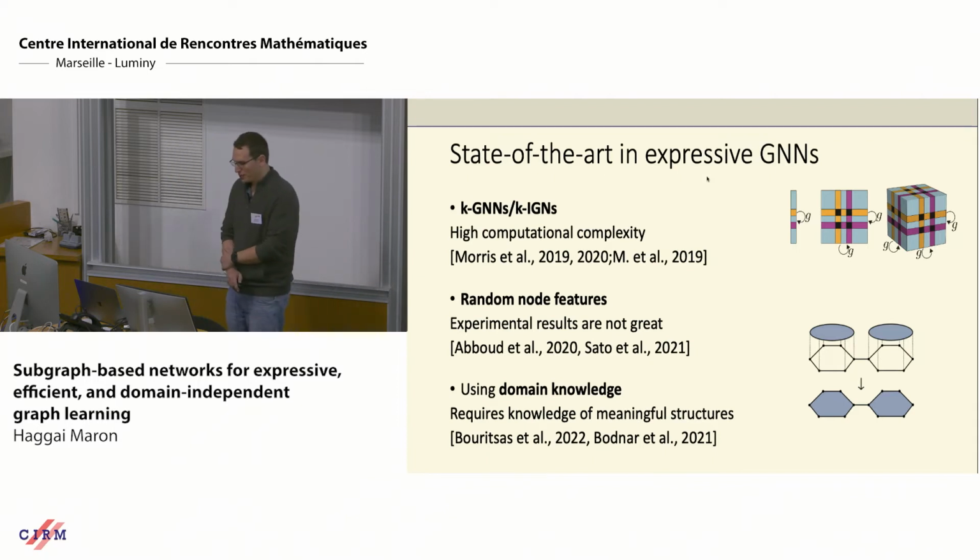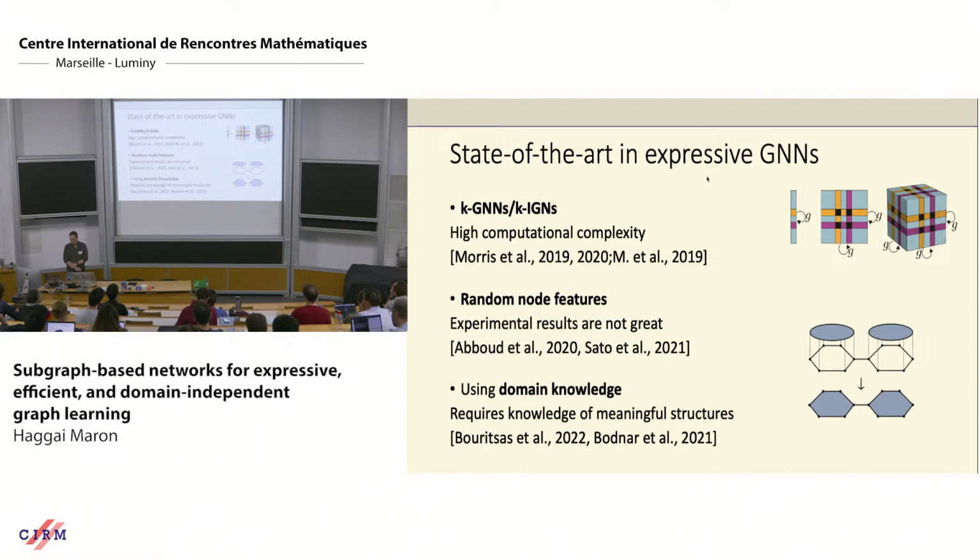So the first approach is called k-GNNs or k-IGNs. In general, that means that we have neural networks that are capable of implementing the k-WL test. And they have provably more expressive power. But again, instead of using limited time complexity, they will use high-order tensors and high-order operations.